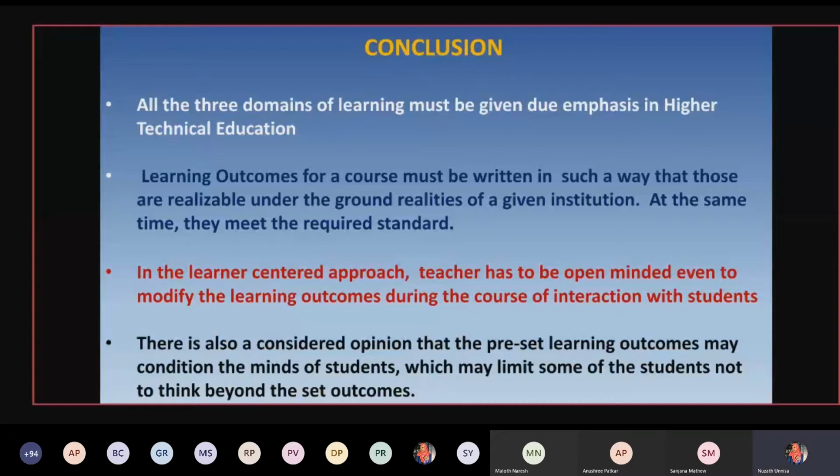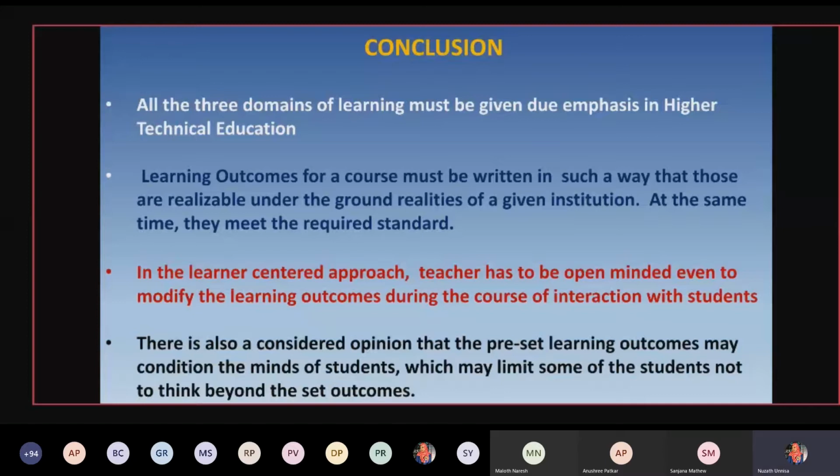So, coming to the concluding remarks on these 3 domains, which are cognitive, affective, and psychomotor. All these three domains of learning must be given due emphasis in higher technical education. Learning outcomes for a course must be written in such a way that they are realizable under the ground realities of a given institution. The ground reality of one institution may not be the same as another institution.